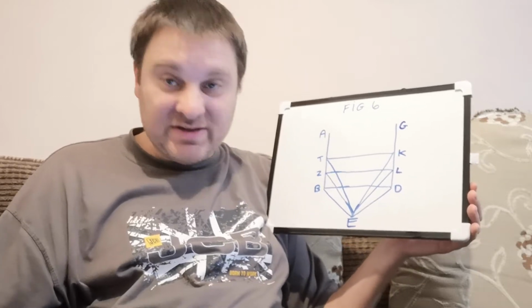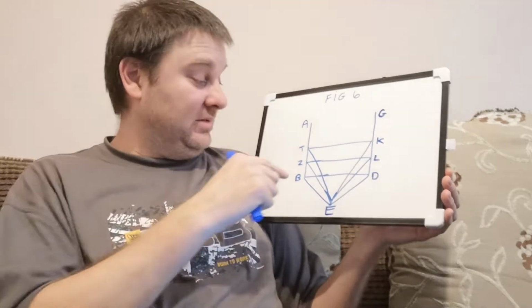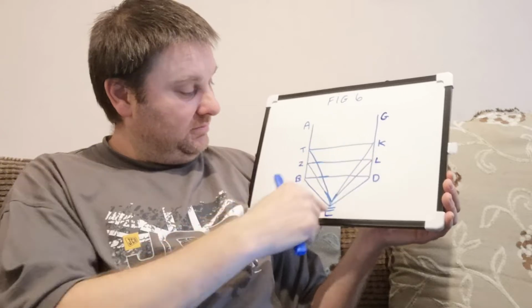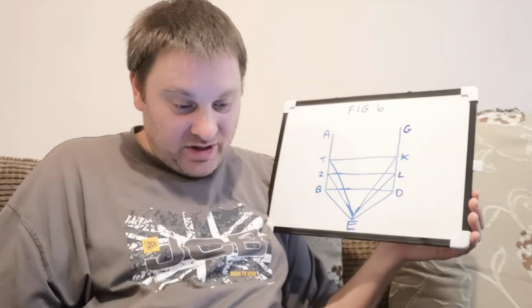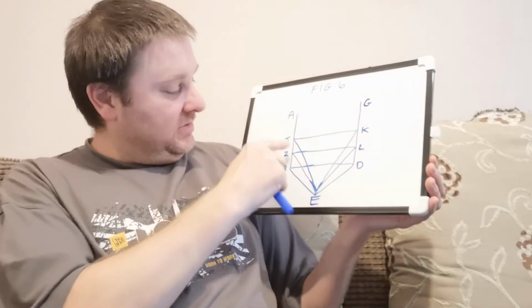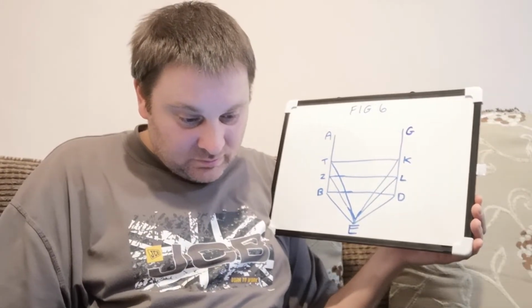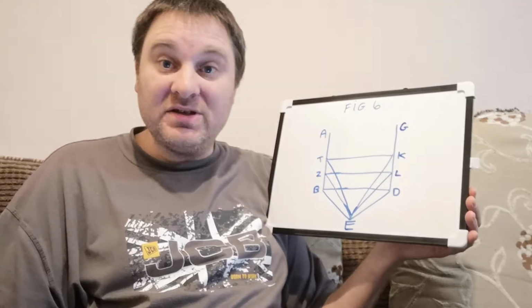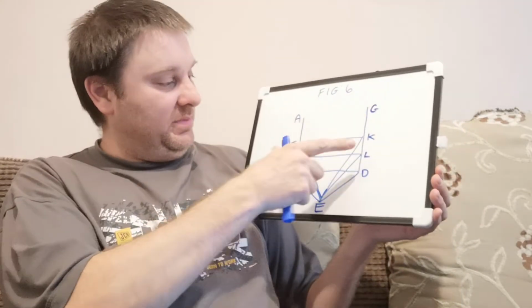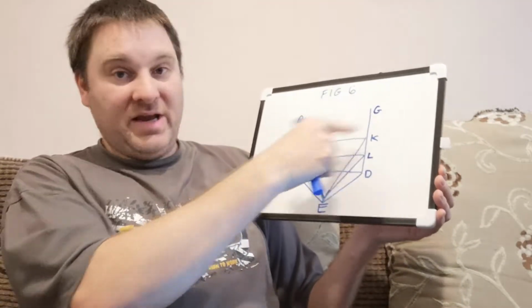Again, since the angle ZEL is greater than the angle TEK, ZL appears longer than TK. So ZL will appear longer than TK.